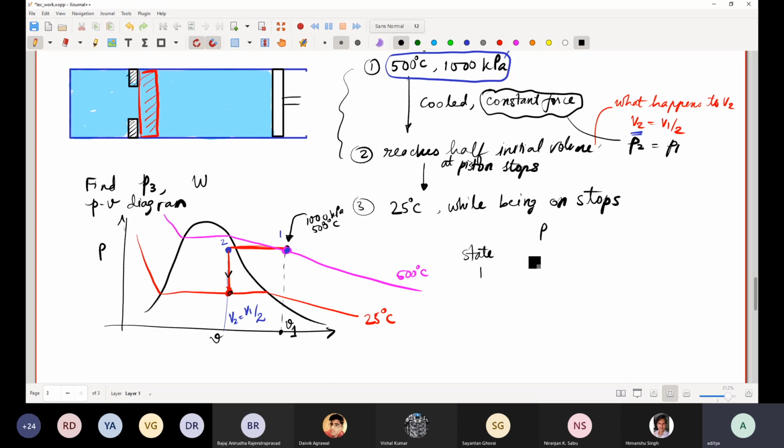The pressure is 1000 kPa. The temperature is 500 degrees Celsius. So let us find out the specific volume. We will quickly do it with EES first, and then we'll do it with the help of the tables as well.